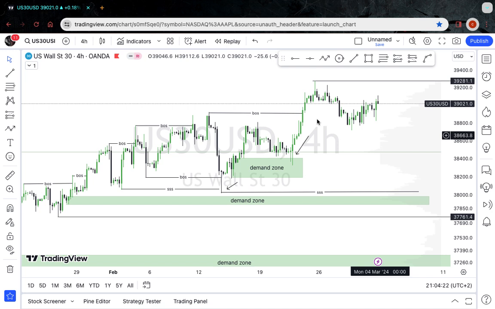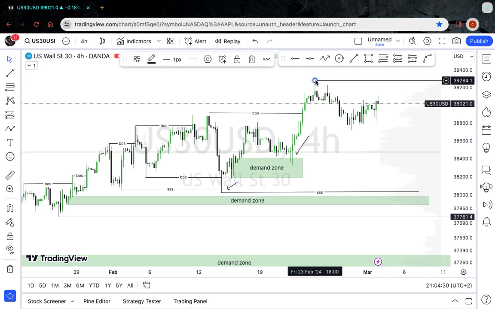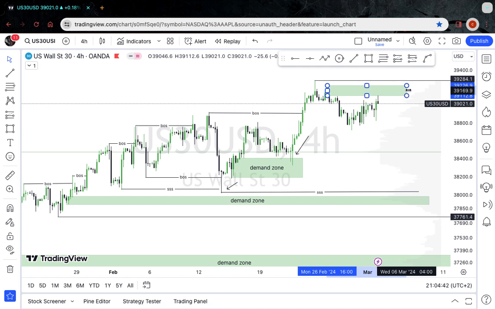If we take our eyes up to this area, exactly where the market created a high for us, we can use this candlestick as our supply zone. And you can see the market respected that supply zone very well, you understand?